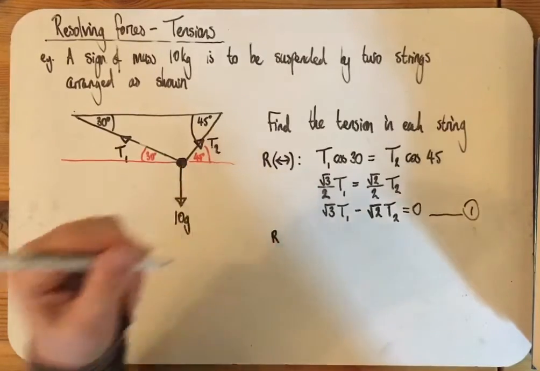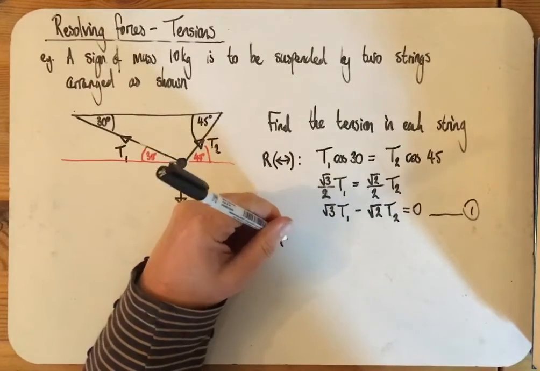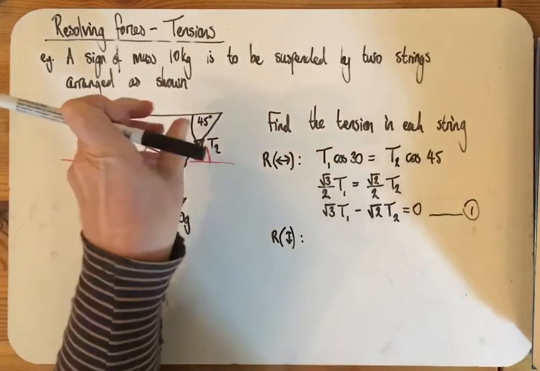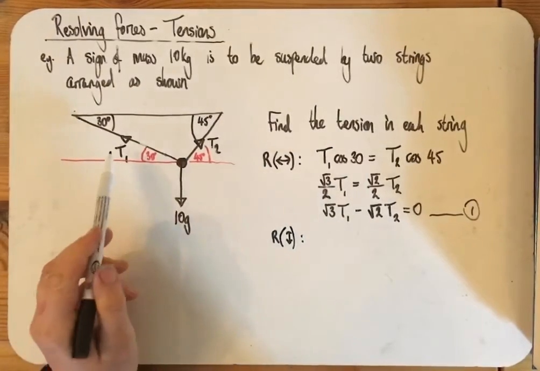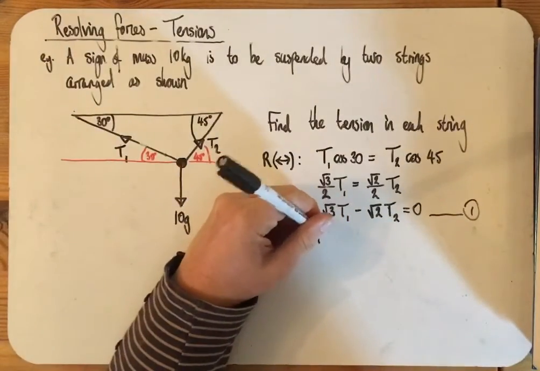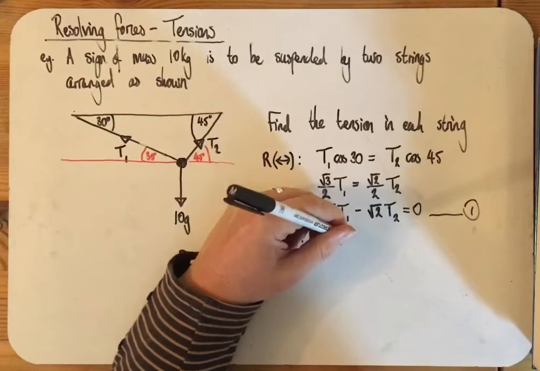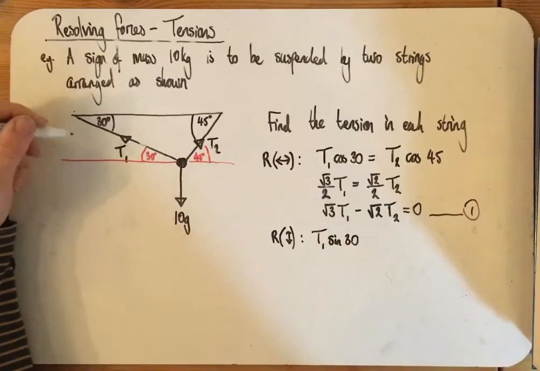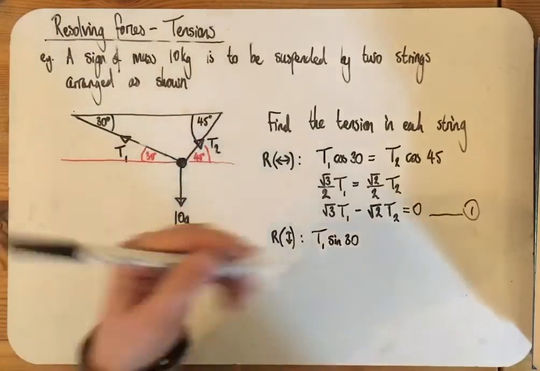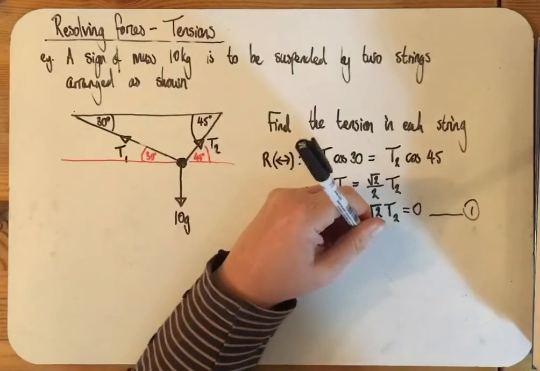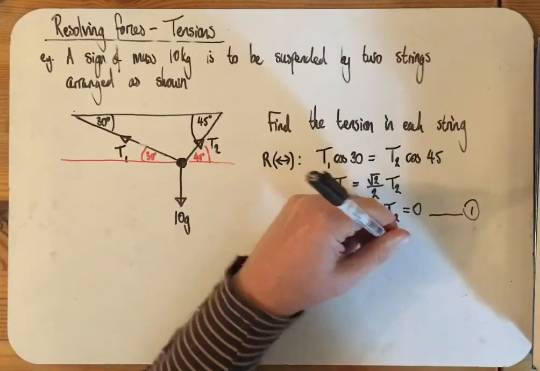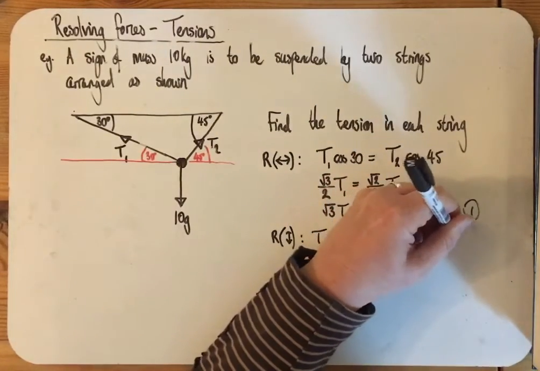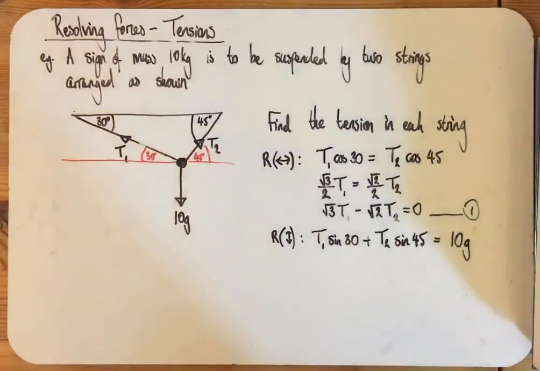But right, resolving vertically, then the forces acting upwards need to equal the forces acting downwards. So T1 sine 30, so that's the bit of this force that's acting in an upwards direction, plus T2 sine 45, is equal to the weight acting down, which is 10g.